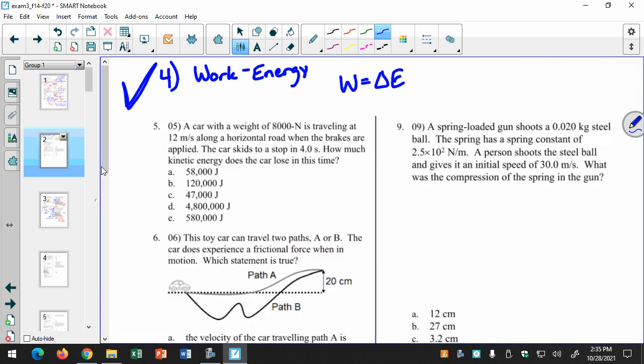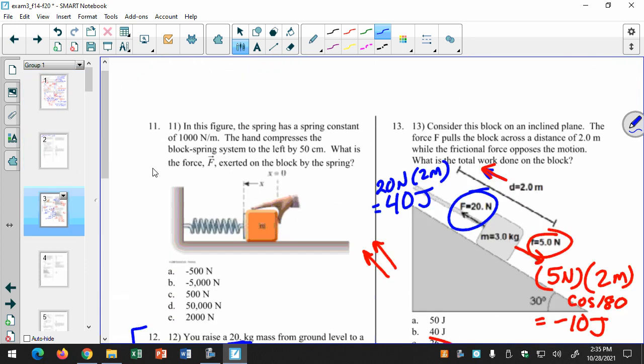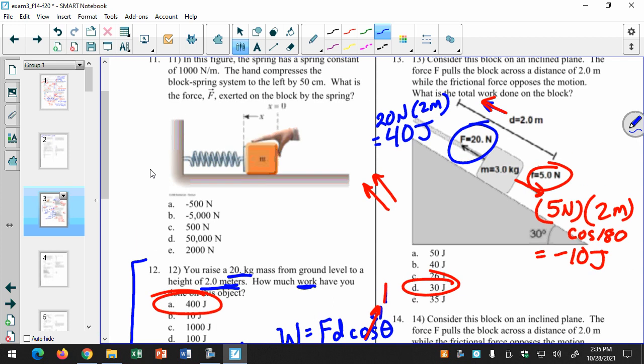The problem that we worked earlier, like this one right here, where we had to find the total amount of work being done, it didn't have one force, right? I had to figure out the work done by both forces and then add them together. So no, you'll likely have a question where you have multiple forces, some of which are doing positive work, some of which are doing negative work.